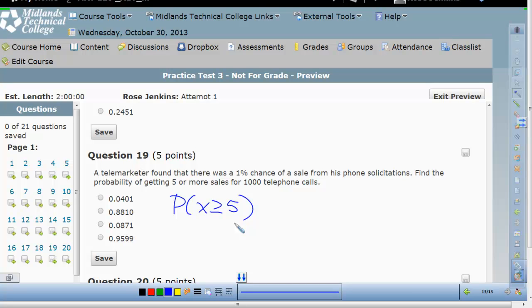When it comes to figuring out the distribution, it's either going to say that it's normal, or it's going to talk about the probability of the mean, or it doesn't say anything. And then we have to ask ourselves, could this be binomial? So this is indeed binomial because they either get a sale or they don't. We've got a fixed number of trials, 1,000.